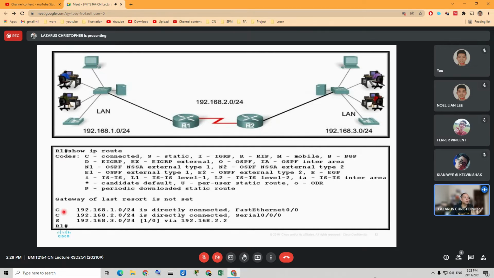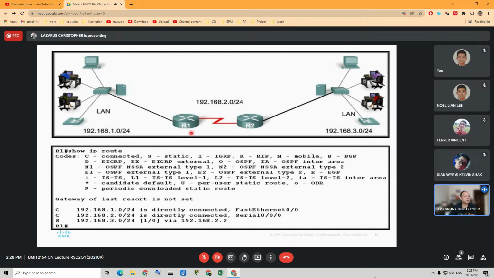Now there are two possible ways for R1 to know about the remote network. One, R2 tells R1, because R2 knows about this as it's directly connected to R2. So R2 can share its routing table information with R1. And that's what we call dynamic routing.